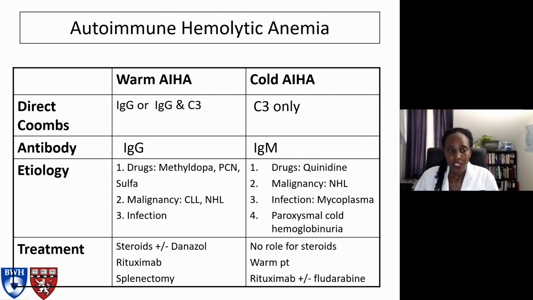We differentiate these also by the direct Coombs for cold being complement only. As I said before, the antibody is IgM in cold as opposed to IgG in warm. The etiologies are somewhat different, and the treatment with steroids is only effective in warm autoimmune hemolytic anemia and not in cold.